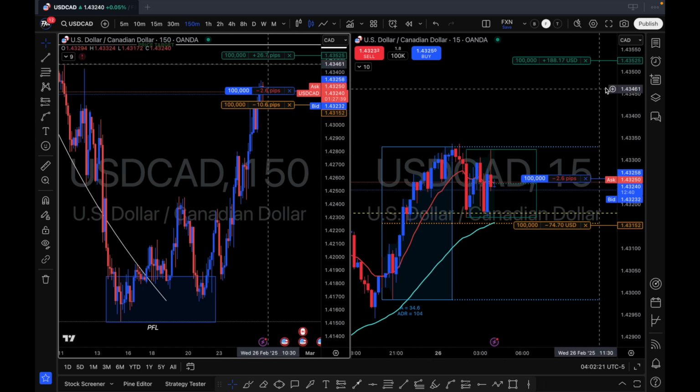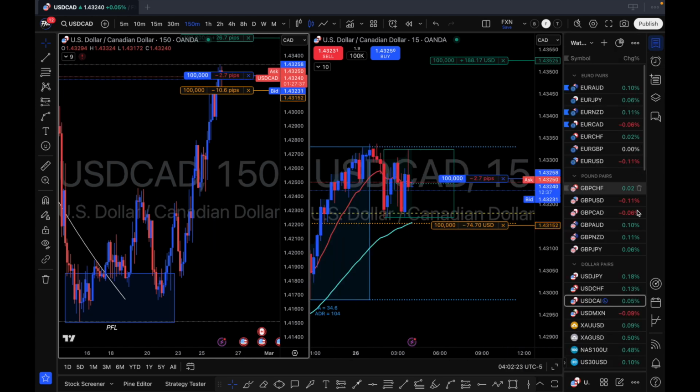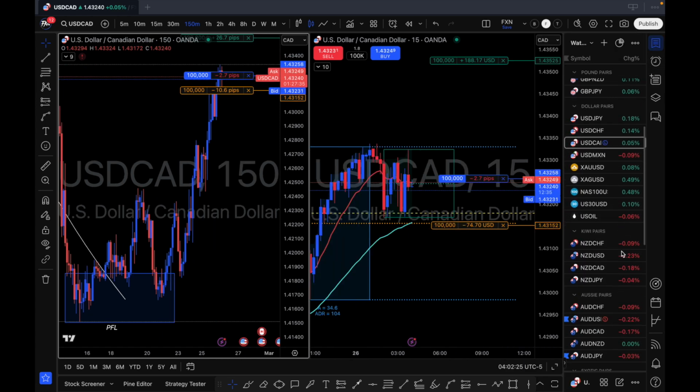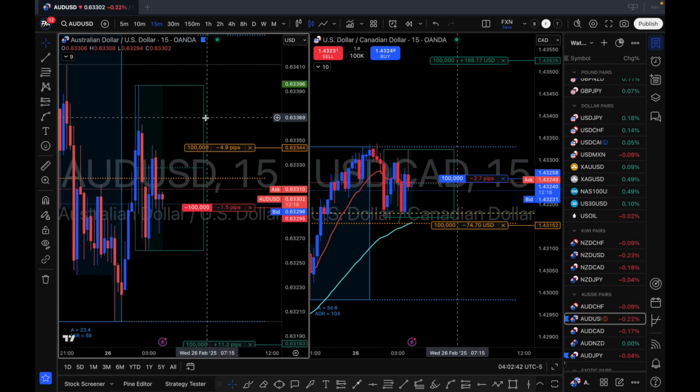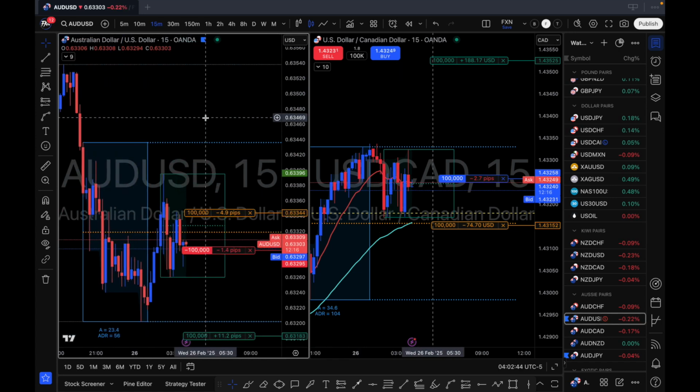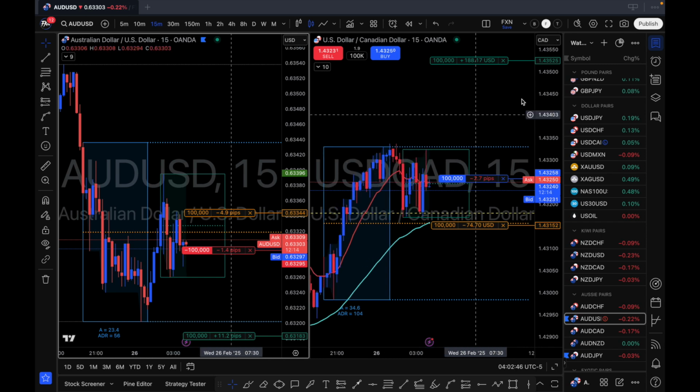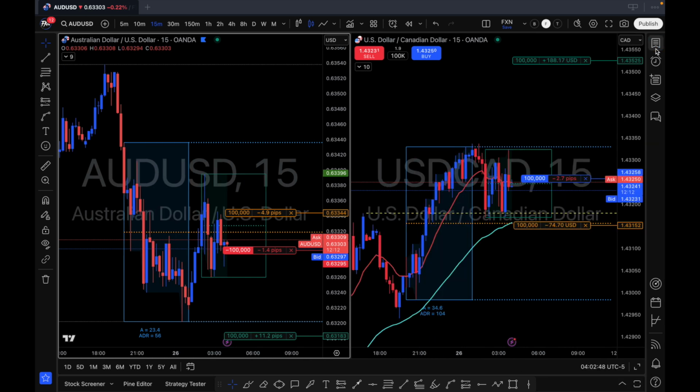So we have USDCAD type 3 bouncing off a railroad track and almost the middle of the range, 50 EMA. So we have USDCAD and AUD USD right now on the trades.